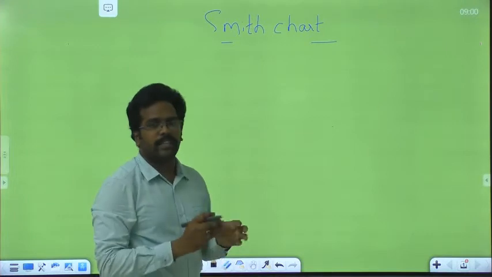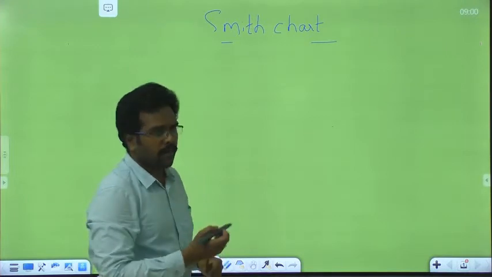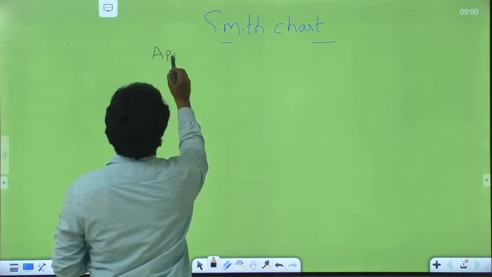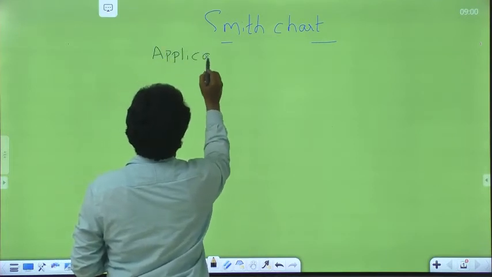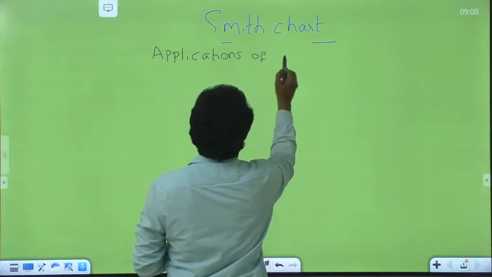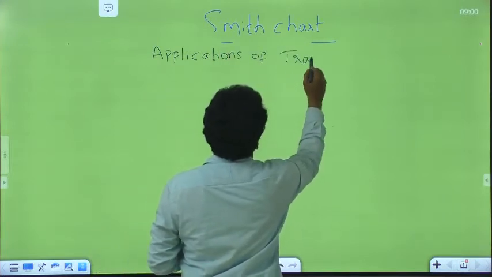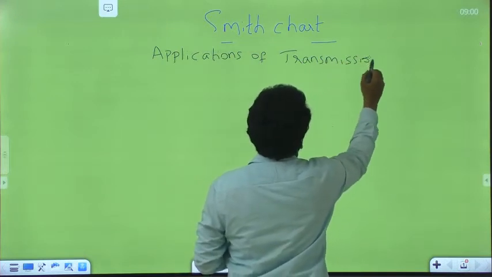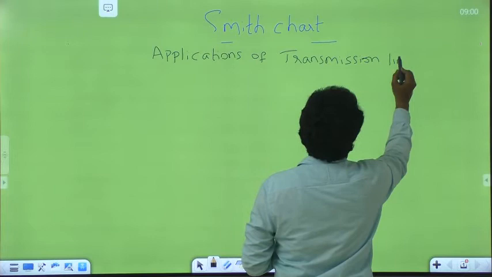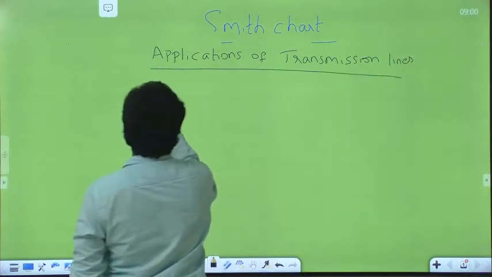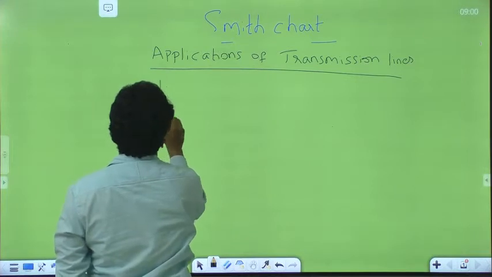With this information, I would like to explain some concepts, that is, applications of transmission lines. Here we will discuss 3 applications.